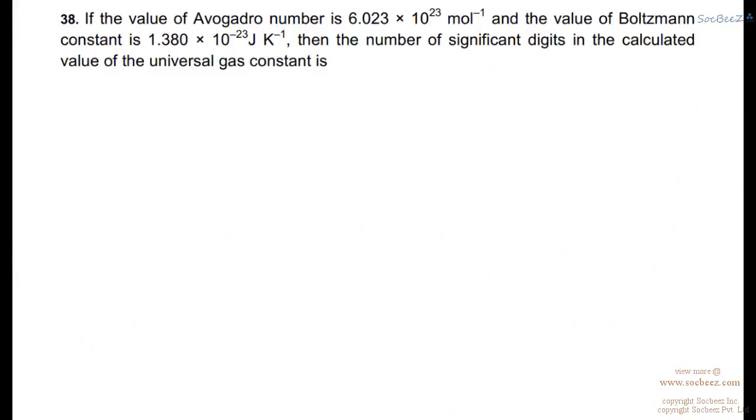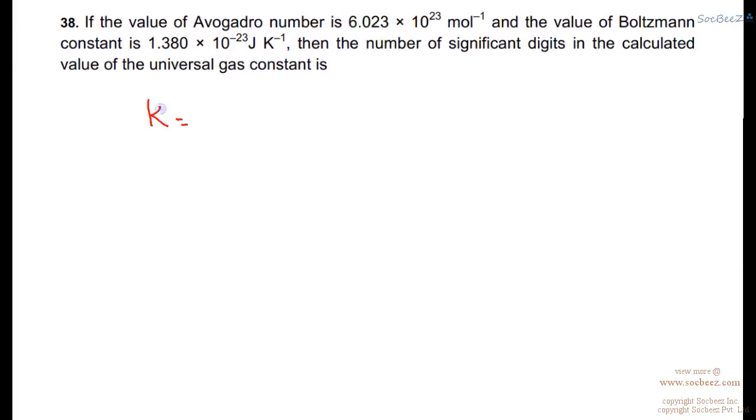Question states, if the value of Avogadro number is 6.023 into 10 raised to the power 23 per mole, and the value of Boltzmann constant is 1.380 into 10 raised to the power minus 23 joule per Kelvin, then the number of significant digits in the calculated value of universal gas constant is, well, here K is 1.380 into 10 raised to the power minus 23 joule per Kelvin.